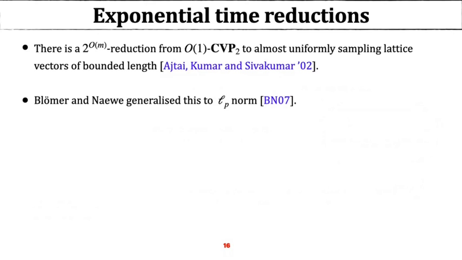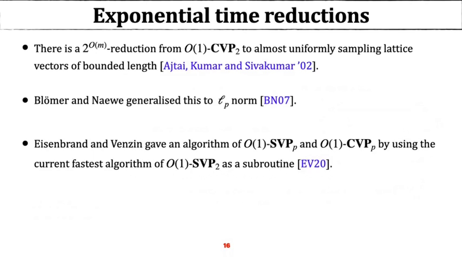Later this reduction was generalized to Lp norm. And recently there is a work by Eisenbrand and Venzin. They gave an algorithm for constant approximation of SVP and CVP in any Lp norm by using constant approximation of SVP in L2 norm.